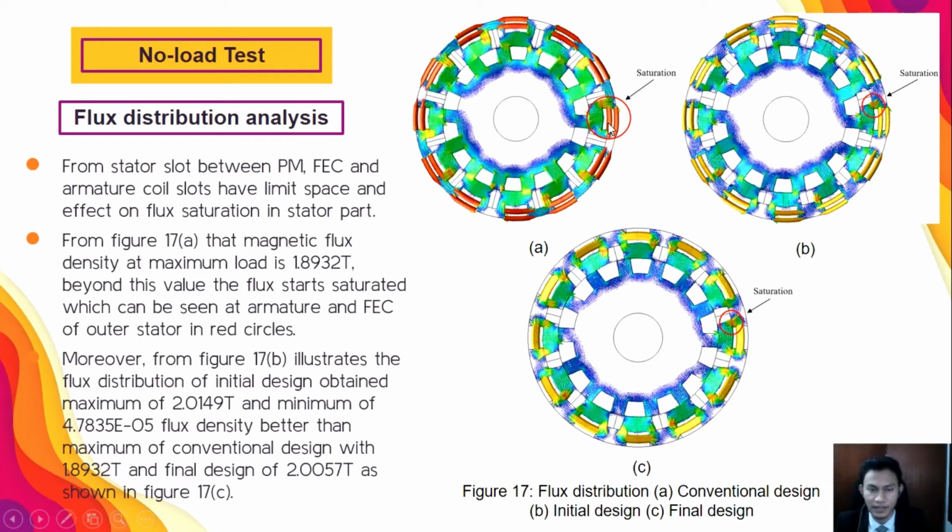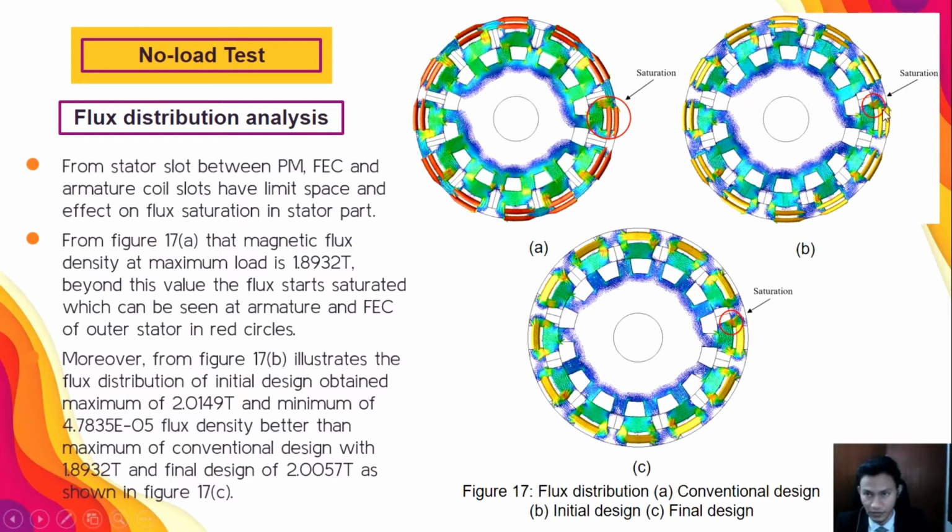In figure 17, the magnetic flux produced for the initial design is 2.0149, which is higher than the conventional design at 1.832, and the final design is 2.0057. From this value, the flux starts to saturate, which can be seen at the armature and the FEC.